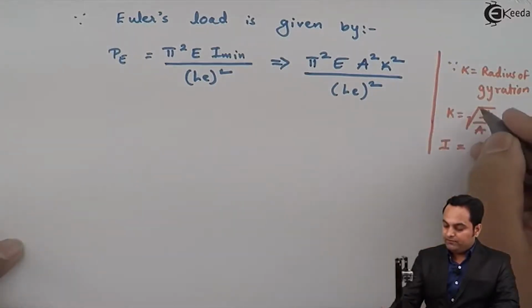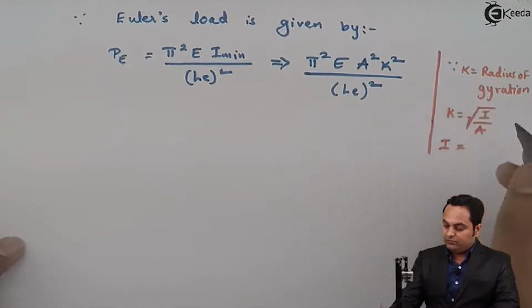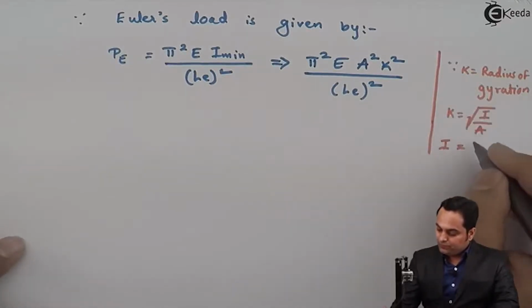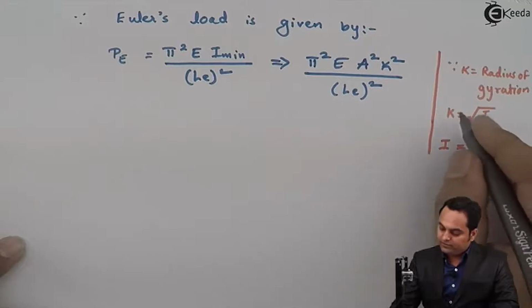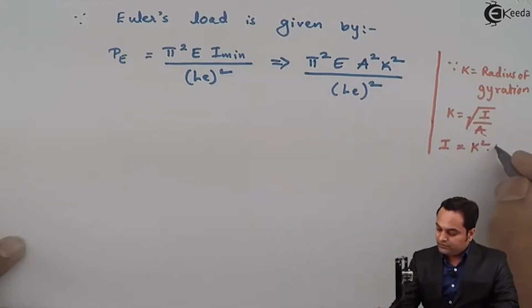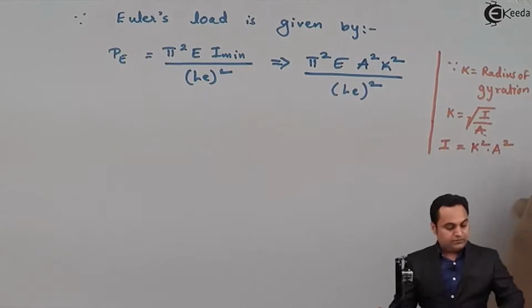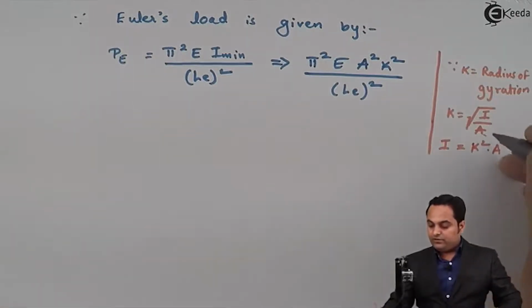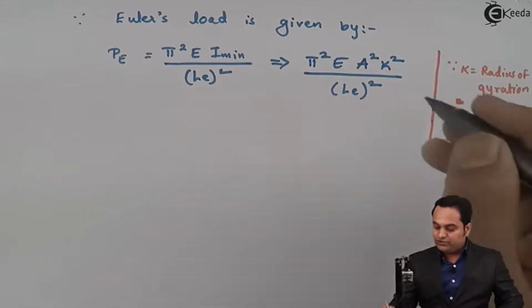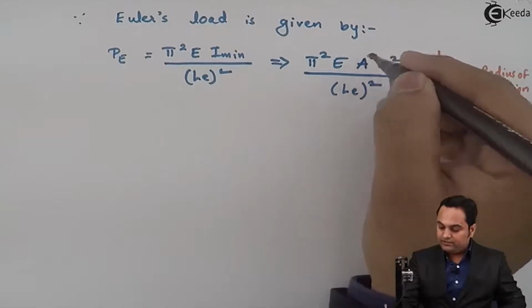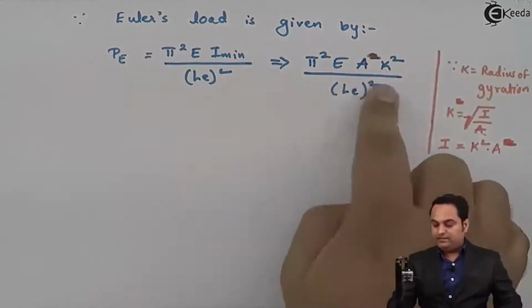When I remove the root sign, that would be K square, and A remains, so I is A into K square.